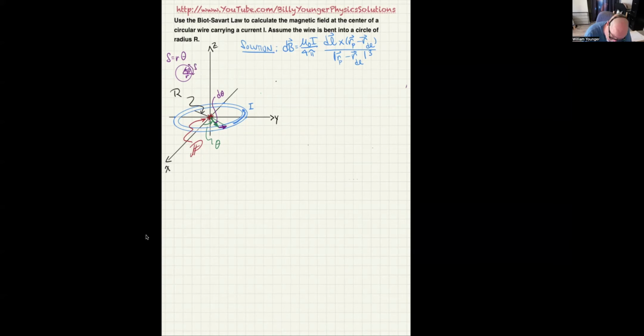Similarly, we should be able to say that DL is going to be R d theta, because the radius of the circle is capital R and the extent of the angle is d theta.